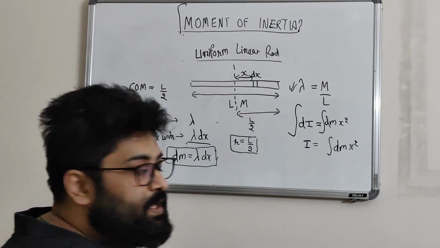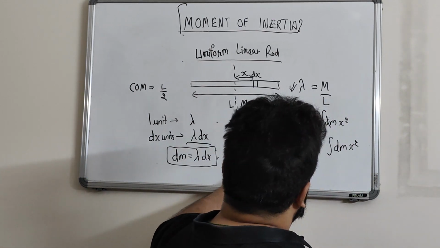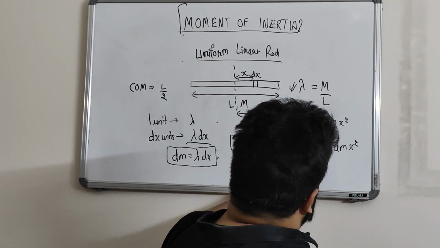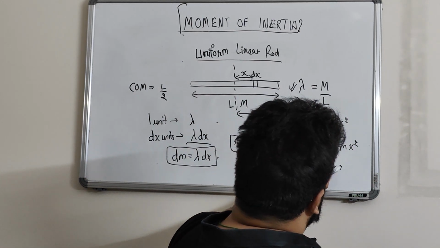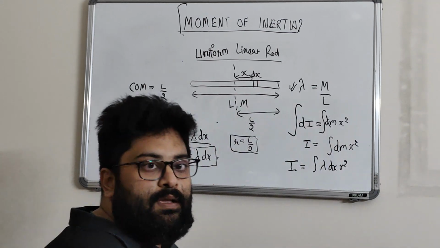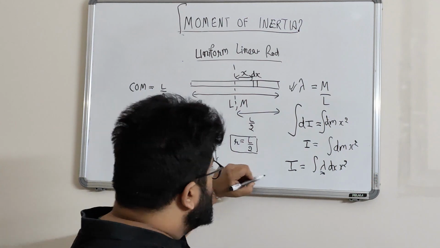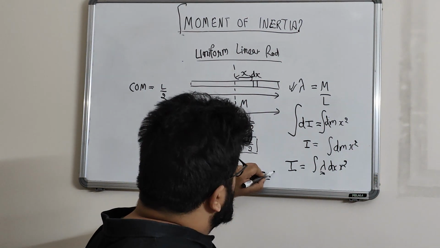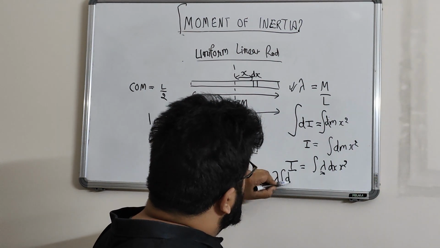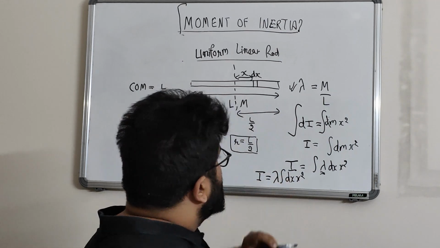So we put this value here, and we get I equal to the integral of lambda dx into x square. Lambda is a constant, so it comes out of the integral.